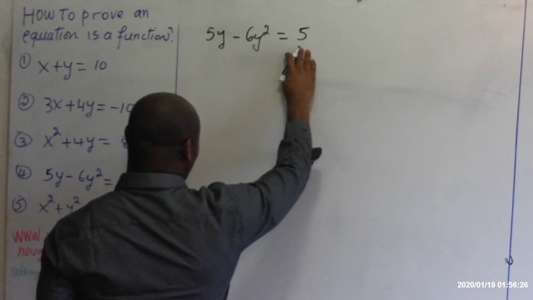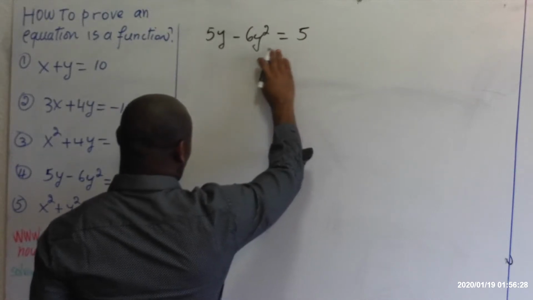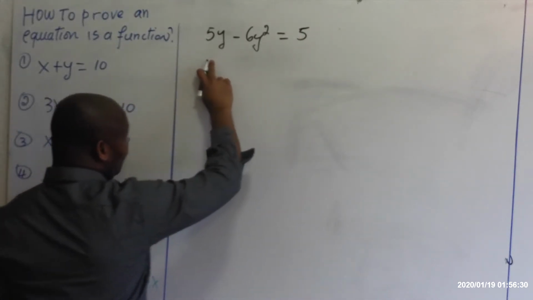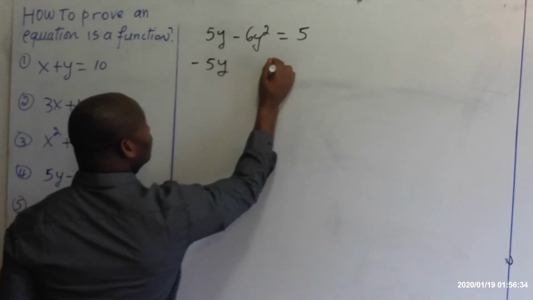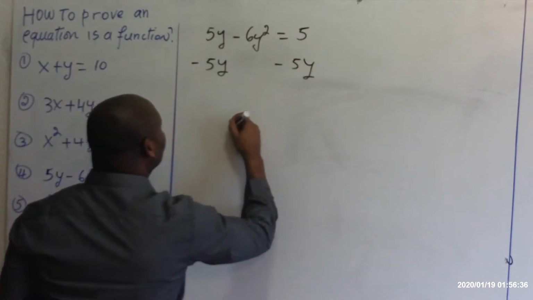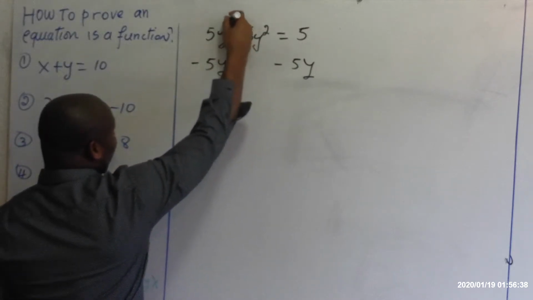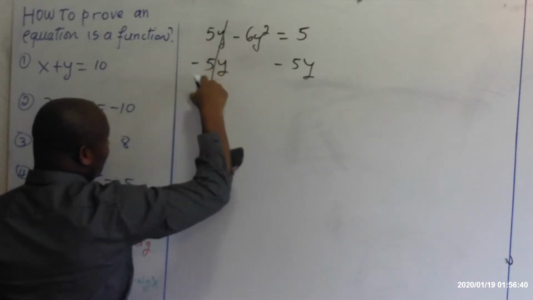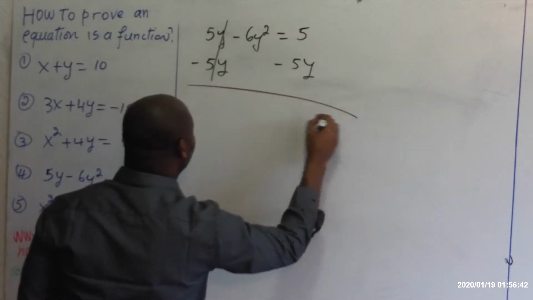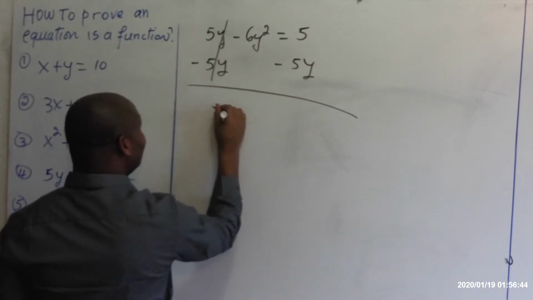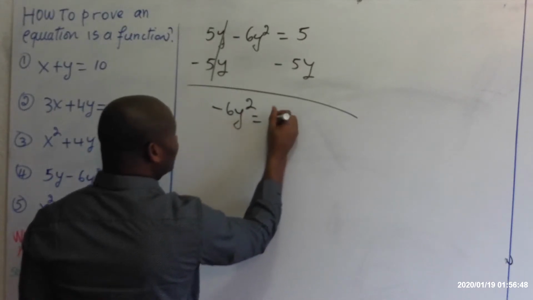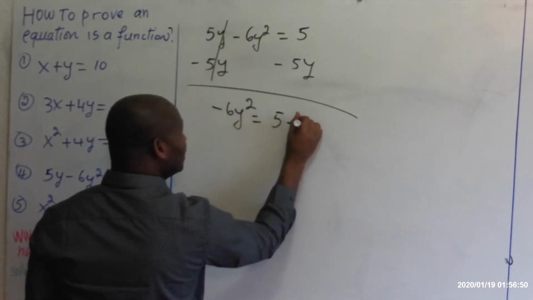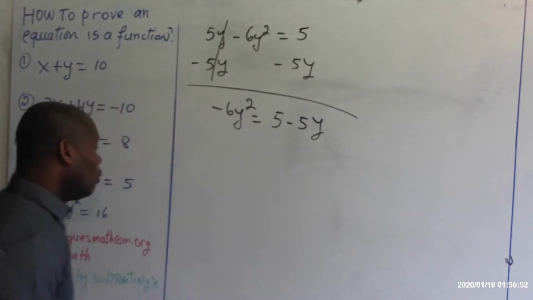So we are still going to subtract 5y from both sides. So this one is cancelled. Positive 5y, negative 5y, let's cancel. So bring down negative 6y squared equals 5 minus 5y.